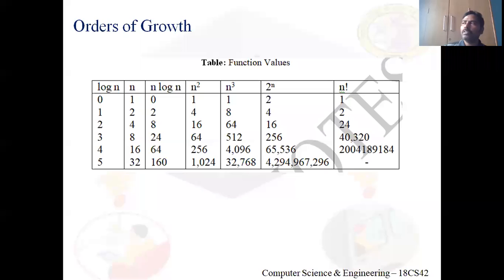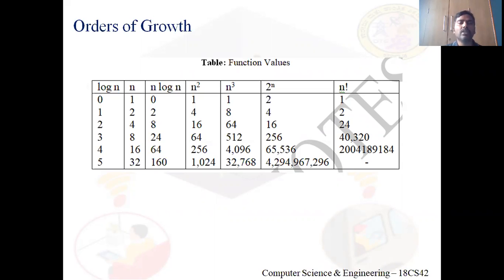Suppose the one whose algorithm's step count is log n, I will call this solution the best one. Then linear, n log n, n square, and finally the worst, 2 to the power n, factorial; I call this solution the worst.